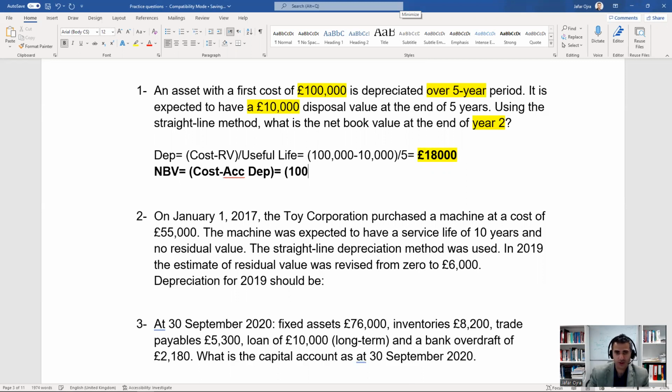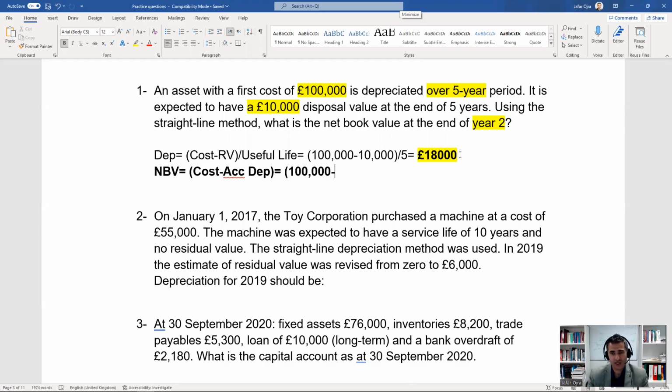We have no issues with the cost. Minus accumulated depreciation. What do I mean by accumulated depreciation? Accumulated depreciation is the depreciation for this year and also the previous years.